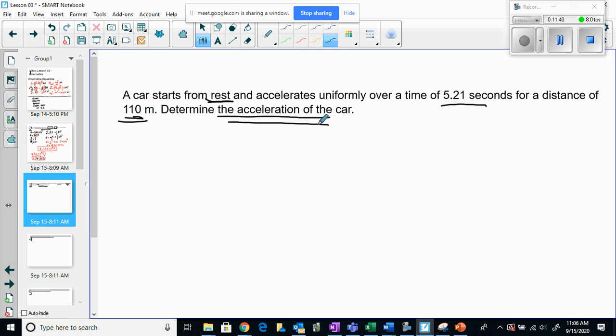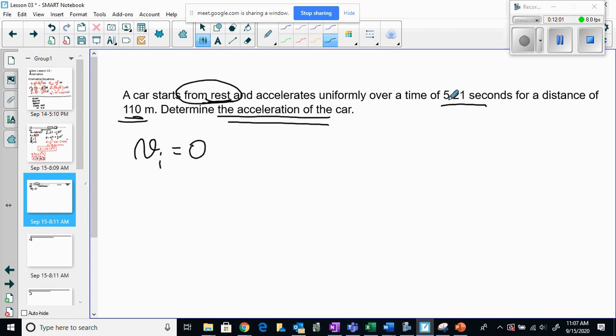So what is given: starts from rest. That means that what is 0, initial or final velocity? So it is initial. So v initial is equal to 0.